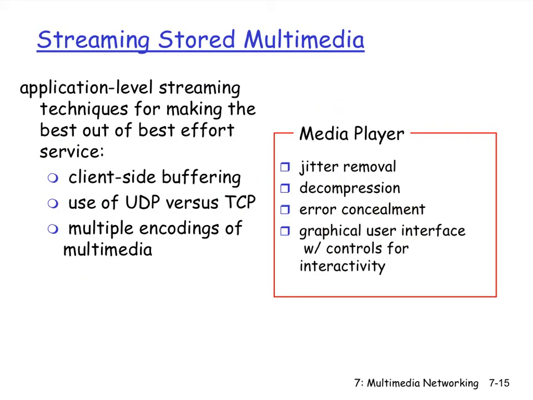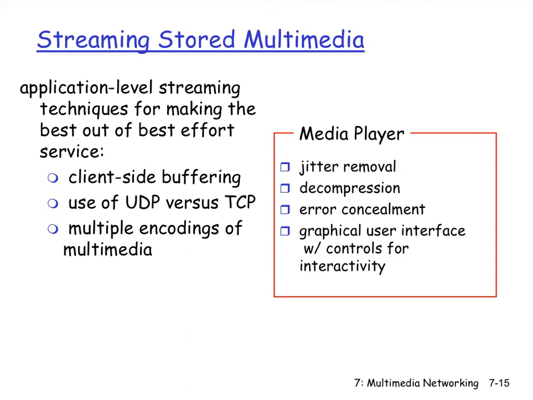So, as a quick introduction to another application layer protocol that's used for streaming: this is streaming stored multimedia. This is an application level streaming technique. So we talked about RTP and RTCP.